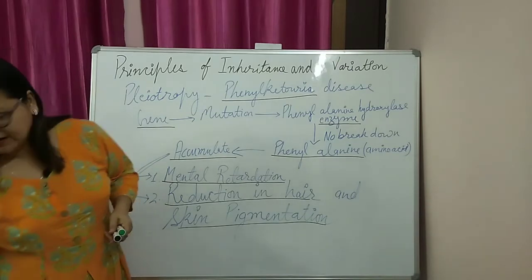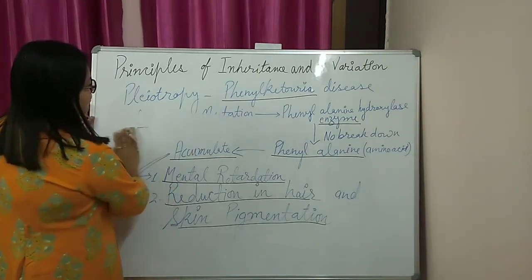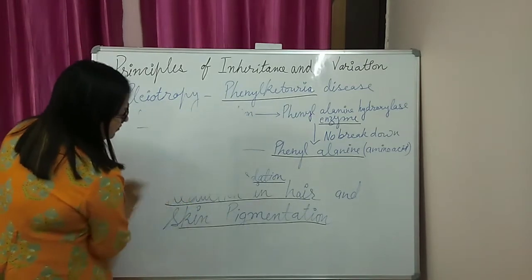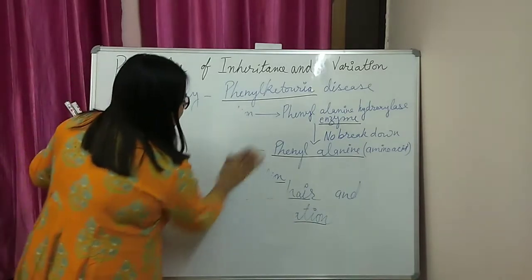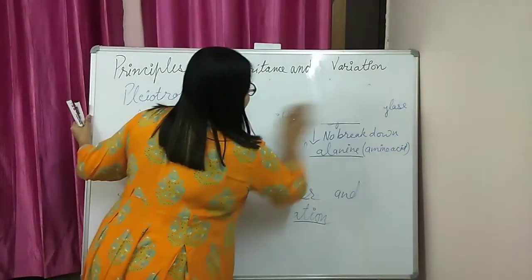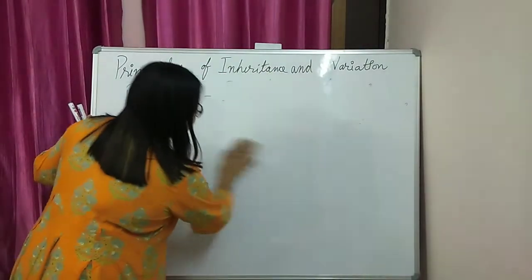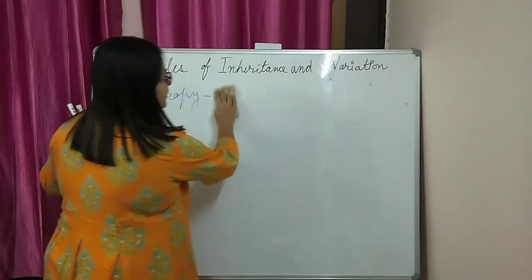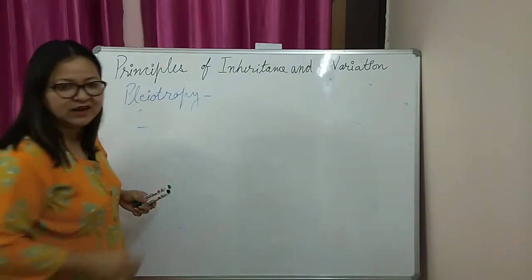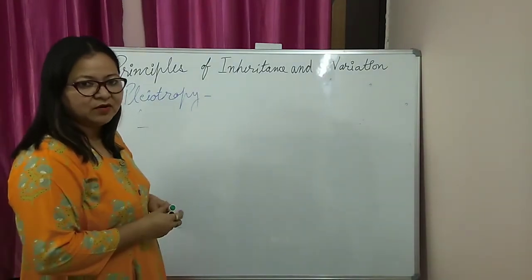For the second example of pleiotropy, I would like to explain from the sweet pea plant. In that case, you know very well, you have studied the inheritance of seed shape in the dihybrid cross.